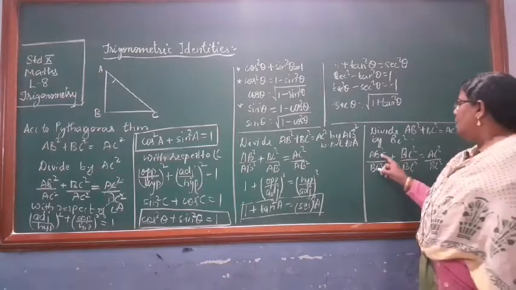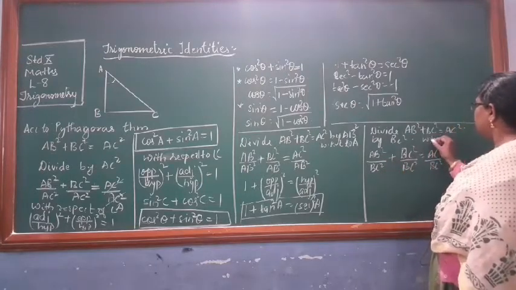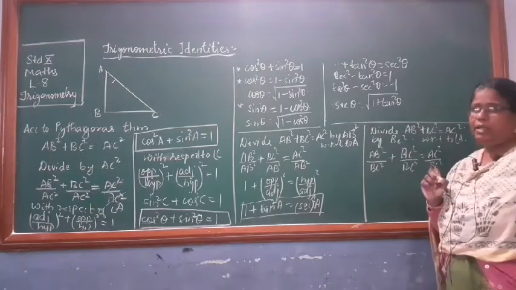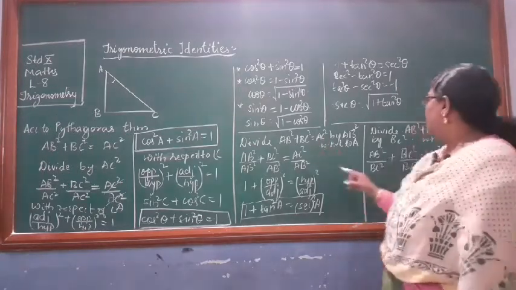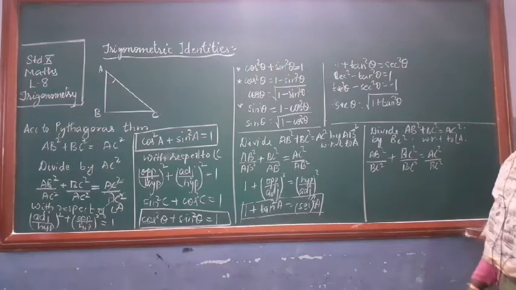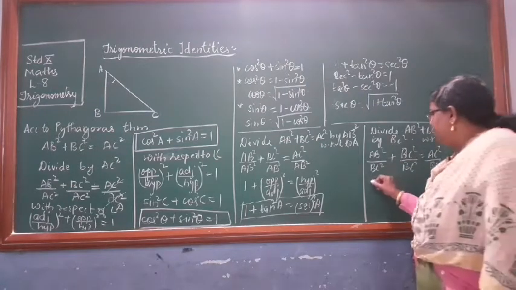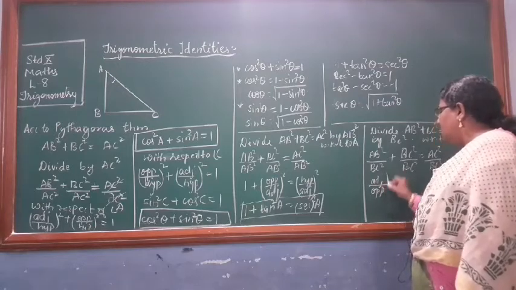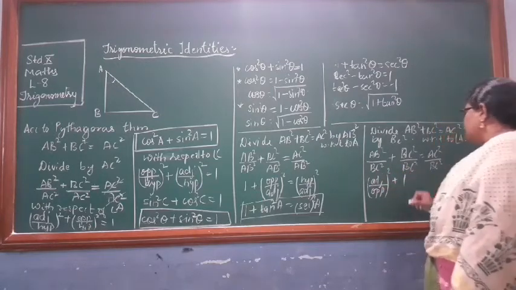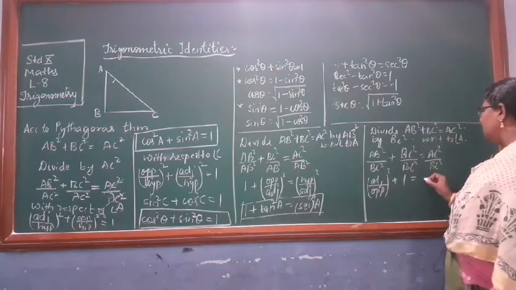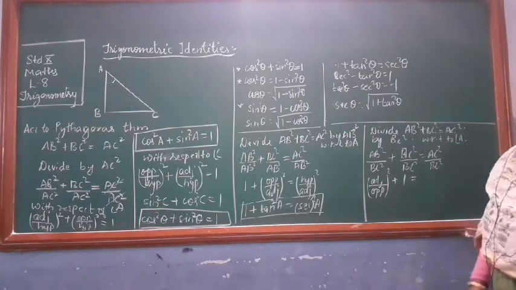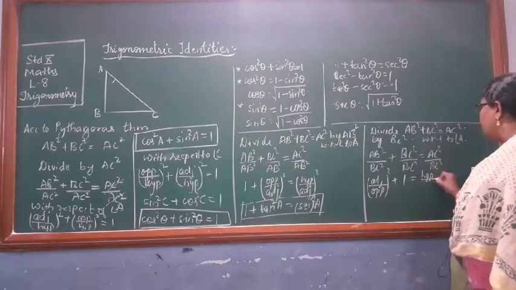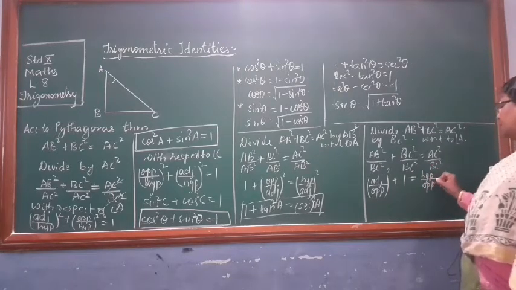Here you can have, with respect to angle A, what is AB by BC? It will be adjacent upon opposite the whole square, plus 1 is equal to, this BC is opposite side of angle A, so it becomes hypotenuse upon opposite.